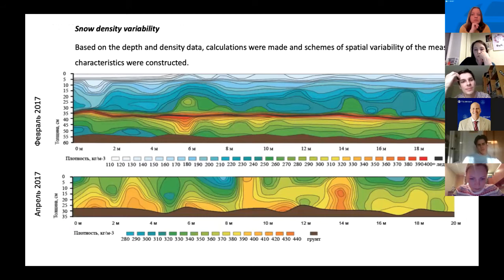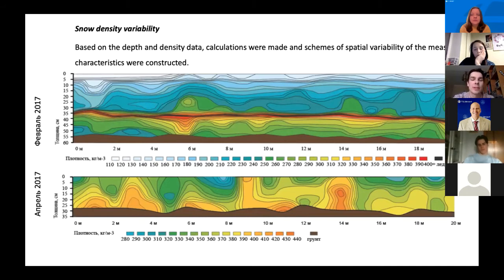As you can see, the variability of individual layers is very strong, and it is actually even stronger than the variability of bulk values calculated from each meter of measurements, because the density was measured for each layer, and then we computed the bulk values.